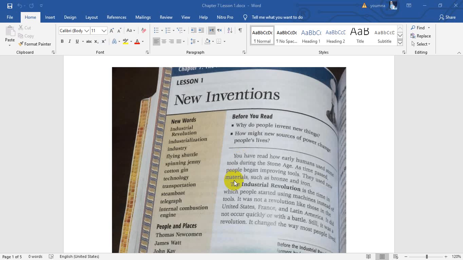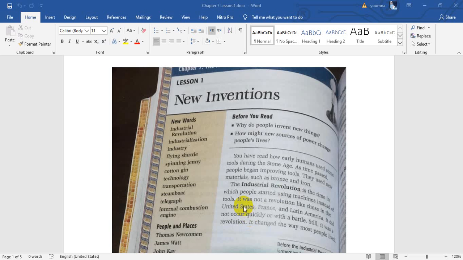Then the Industrial Revolution. What does the Industrial Revolution definition mean? It is the time in which people started using machines instead of tools. So, why we call it Industrial Revolution? Because the people started to make industry by using machines instead of using some simple tools.